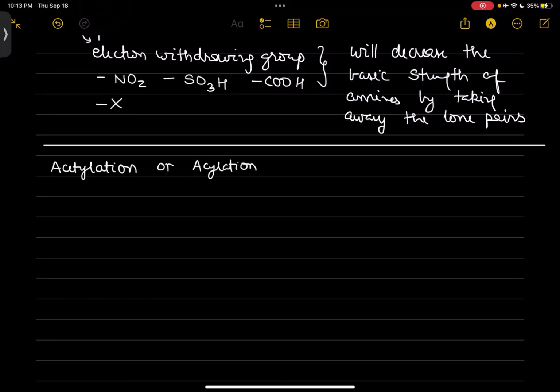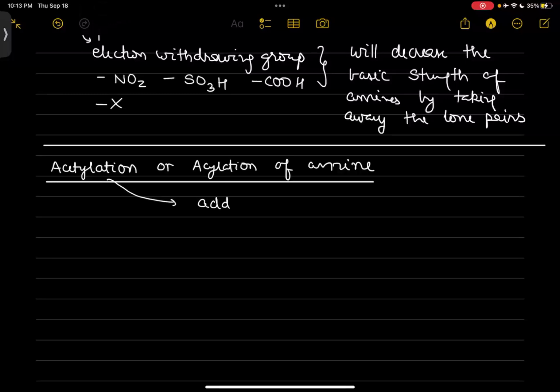So Marwa, what does acetylation mean? Acetylation or acylation? Acetyl is adding an acetyl group. Addition of which group?